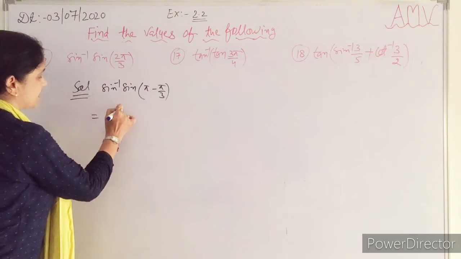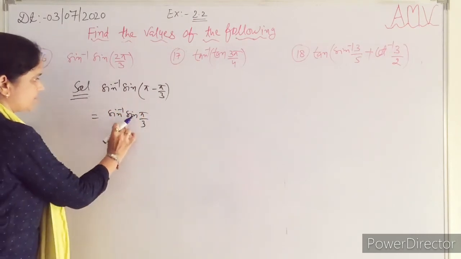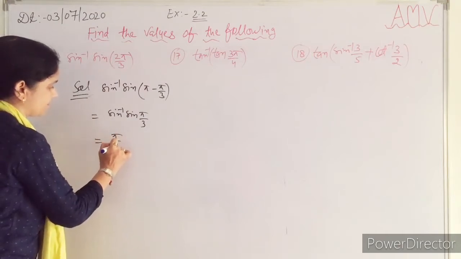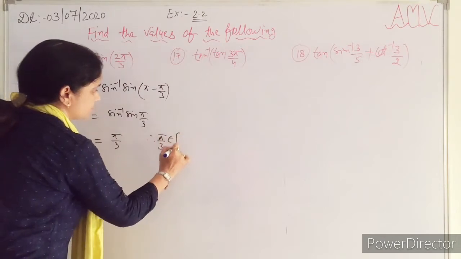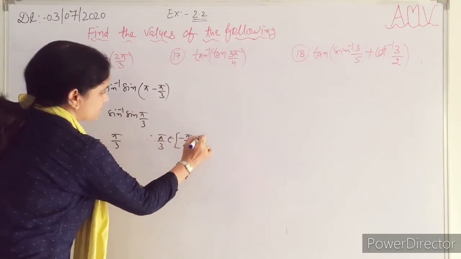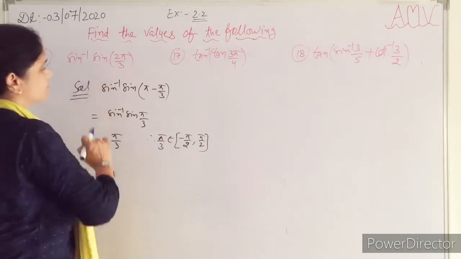So it's sine inverse sine pi by 3. Now sine inverse sine pi by 3 gives pi by 3. Pi by 3 belongs to minus pi by 2 to pi by 2. So it is the answer of this question.